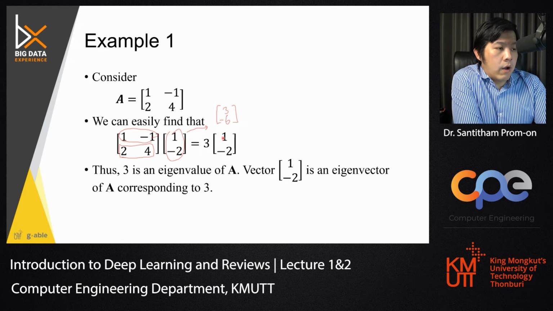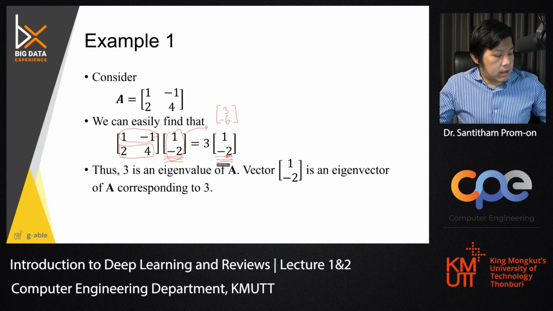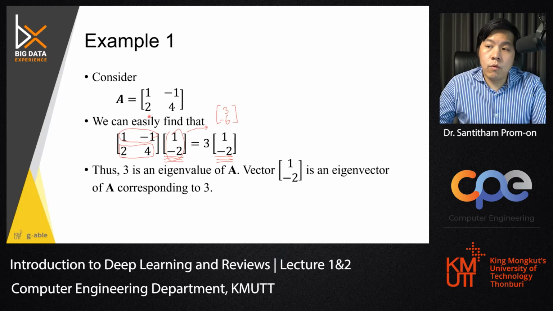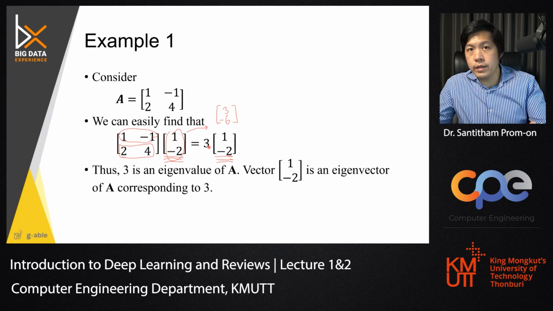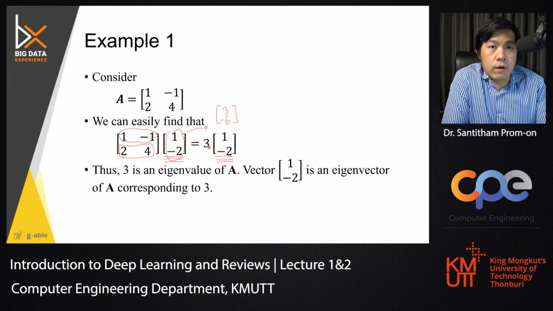So pulling 3 out, you get 3 times 1 and minus 2. So it means that after multiplication, you end up with the same vector, but the transformation matrix acts as just a single value. Here, we call 3 an eigenvalue of A, and vector 1, minus 2 an eigenvector of A. Okay, an eigenvector of A with corresponding eigenvalue of 3.